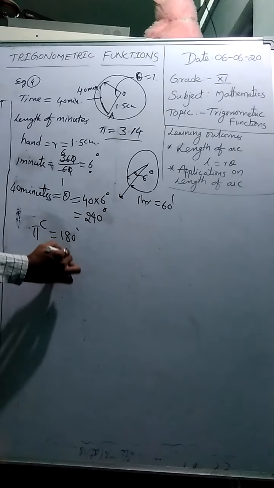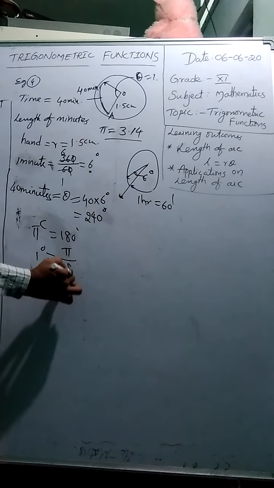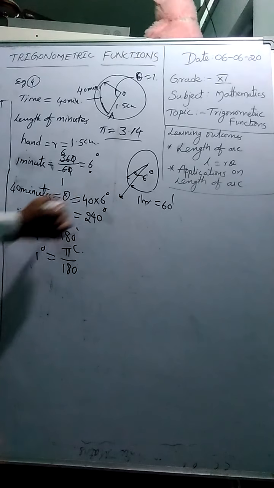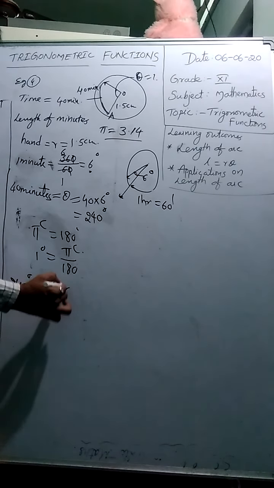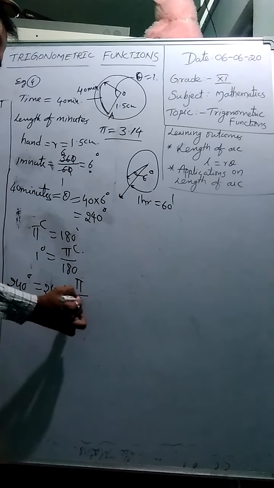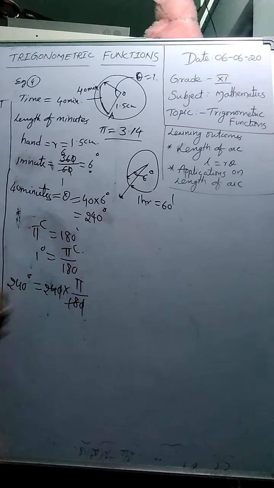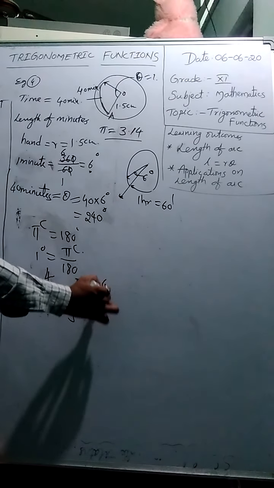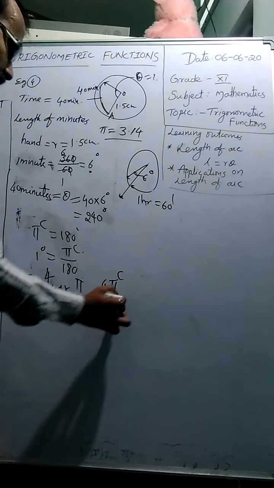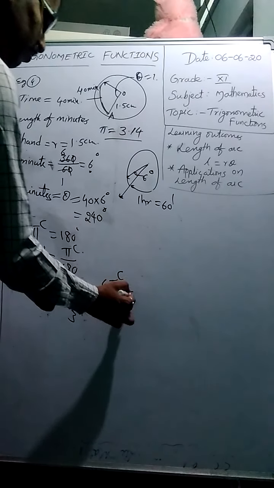So degrees is equal to pi radians by 180. Let me multiply: 240 degrees equals 240 into pi by 180. The zeros cancel, and the 6 table is possible: 6 4s are 24, 6 3s are 18, so 4 pi radians by 3. This is the theta value.